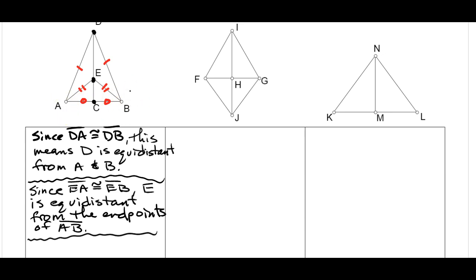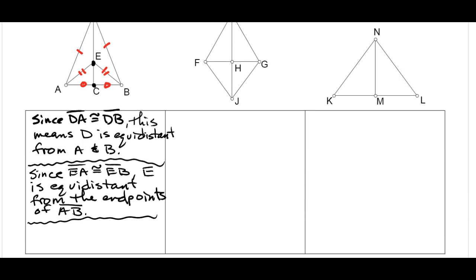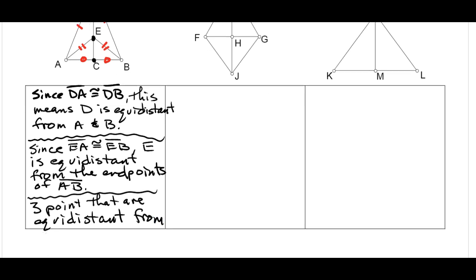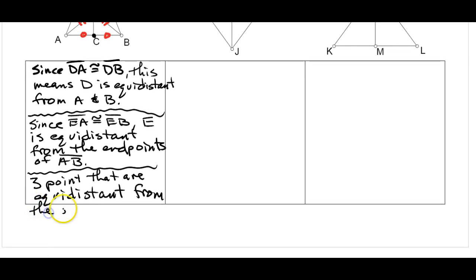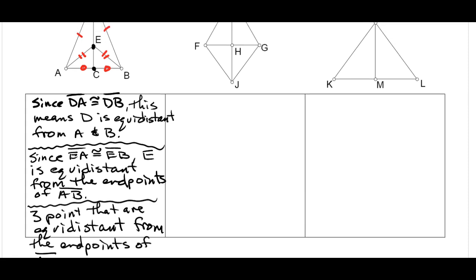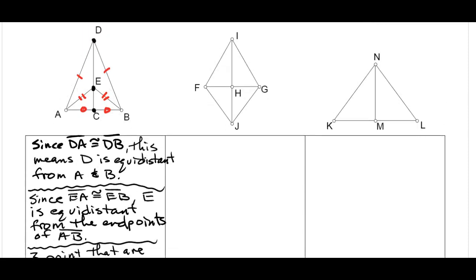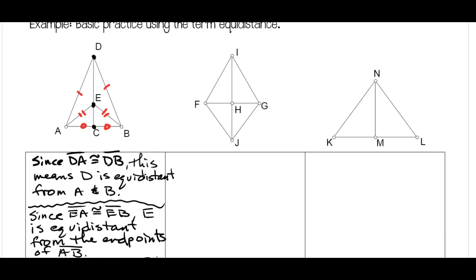So in this picture, based on the tick marks, we have 3 points that are equidistant from the endpoints of segment AB. Alright, so again, if you're having trouble with this, just come in and see me for 5 or 10 minutes and we can get things straightened out.